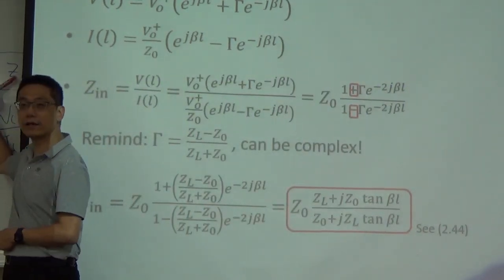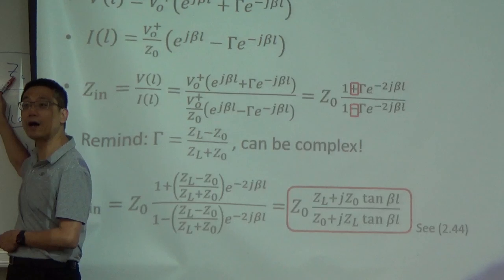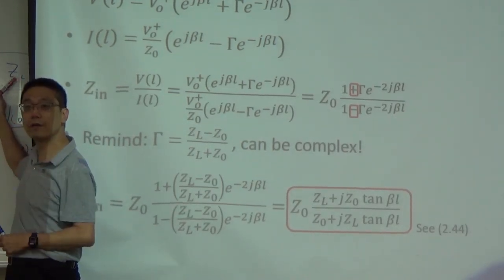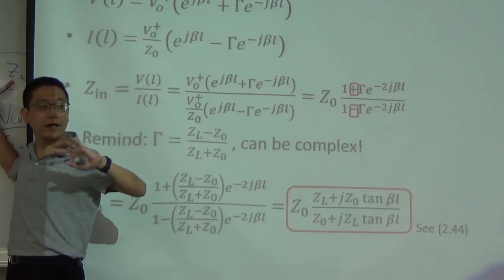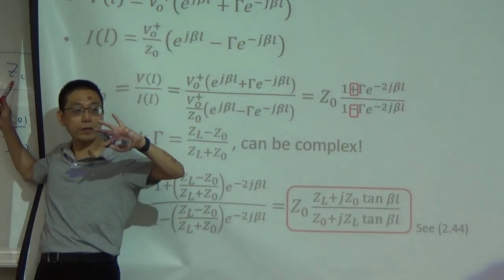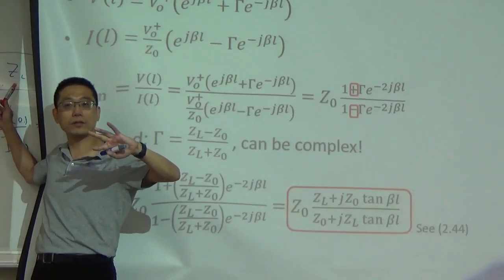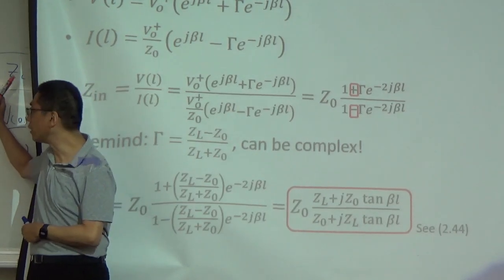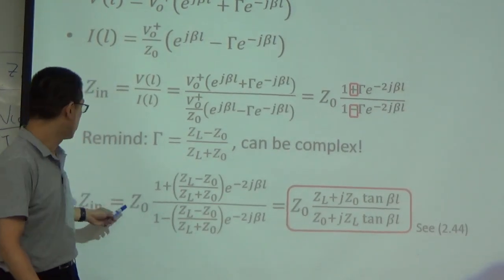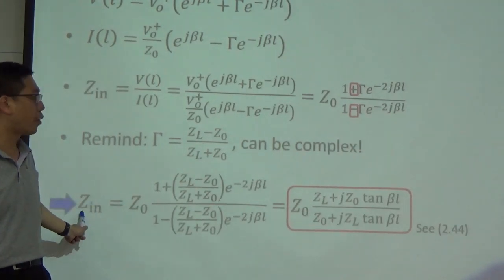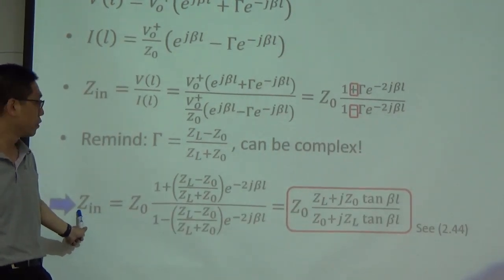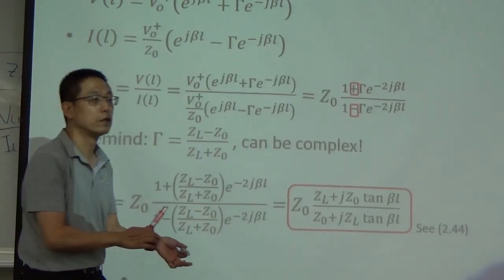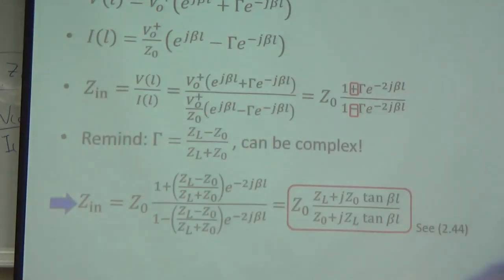I will connect exactly something for ZL. There are 4 possibilities for what we can connect. We can connect ZL to open, short, load, and maybe a match. We can connect something for ZL, and we will use the Z equation to see what happens if your ZL is something special.